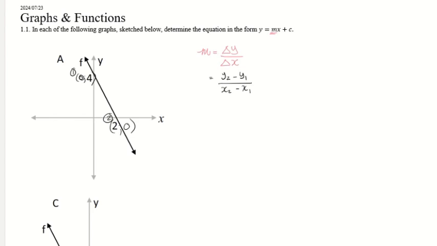So I'm going to do some substitution. What is my y at value number 2? 0. Minus my y at value number 1? Minus 4.